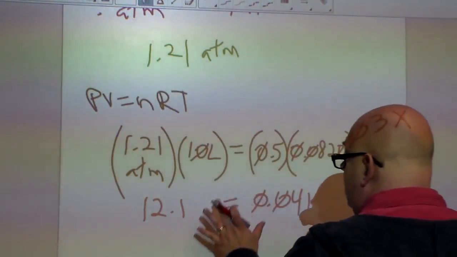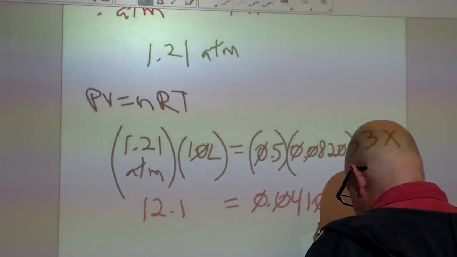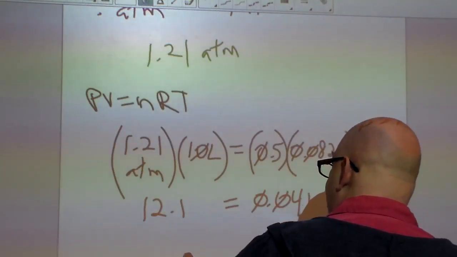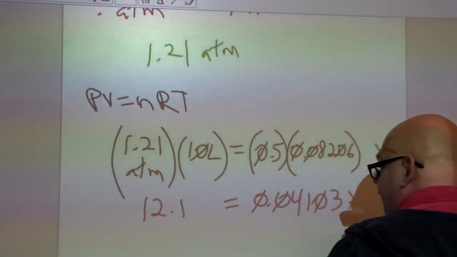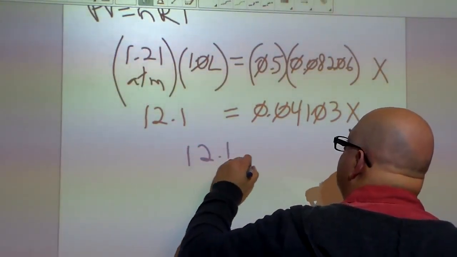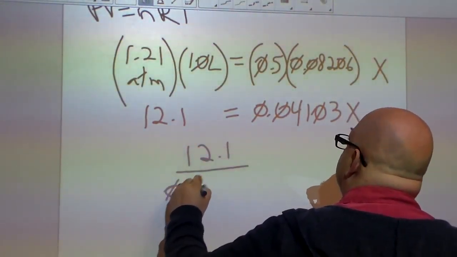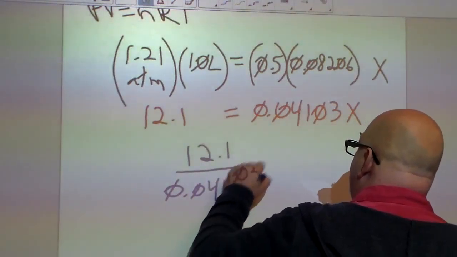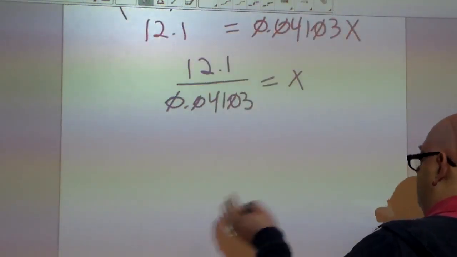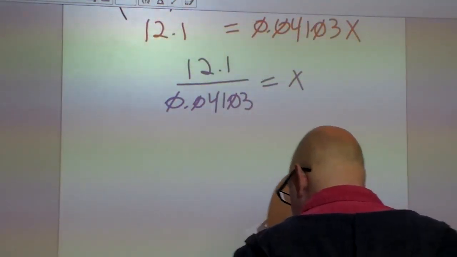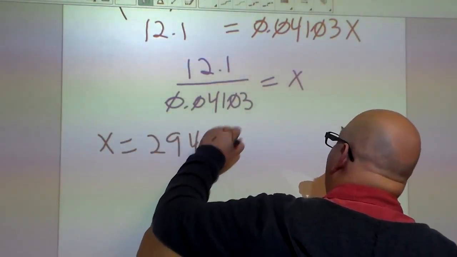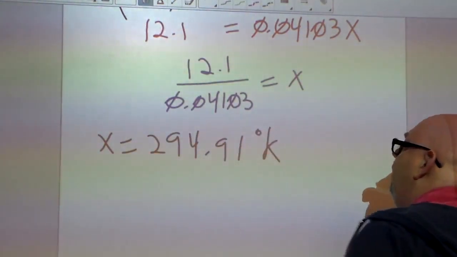All right, so now we're going to take that and divide it out. Okay, so we're going to take our next step. If we look in terms of algebra, we're going to take the 12.1 divided by 0.04103, and that's going to give us our x. Okay, so again, it's just doing the algebra, and at that point, our x equals 294.91 degrees Kelvin.